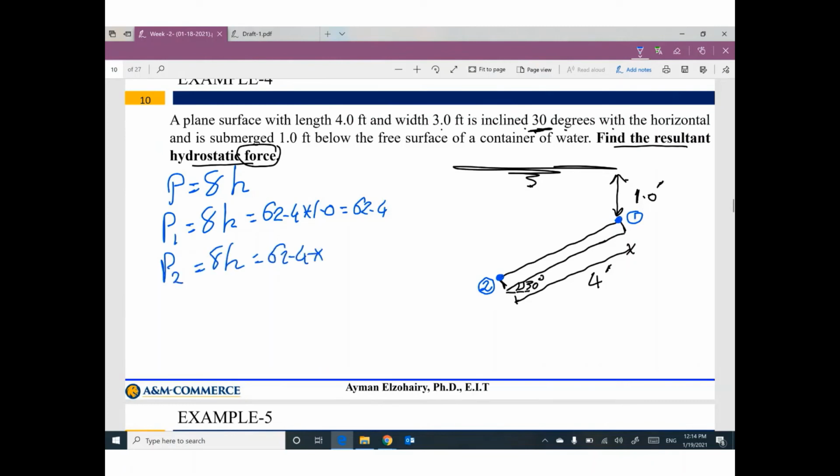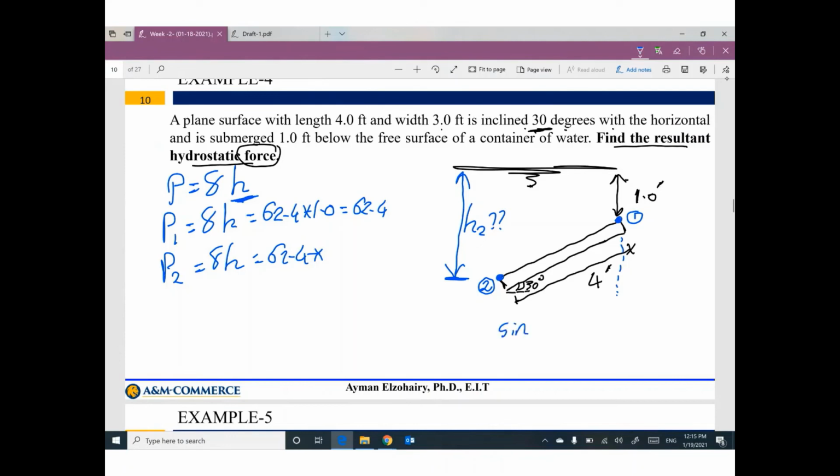What is the value of H? Remember, H is the vertical distance between the point and the water surface. What is the vertical distance here? Any answer? So can you get this vertical distance? Yes, I can.